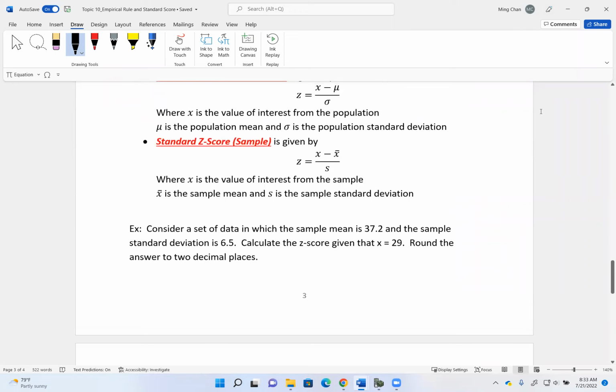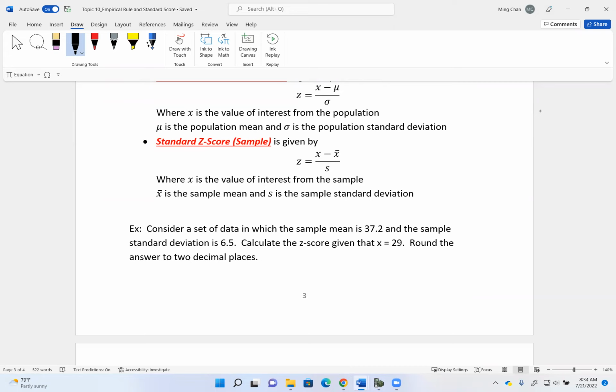That's what a z-score is. It's telling me how many standard deviations away from the mean the number I'm given is. You standardize every single problem into the same axis, so we look at it in terms of standard deviation.